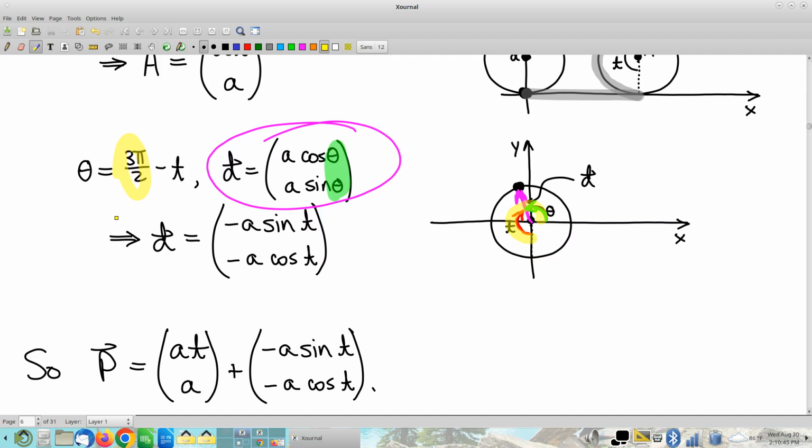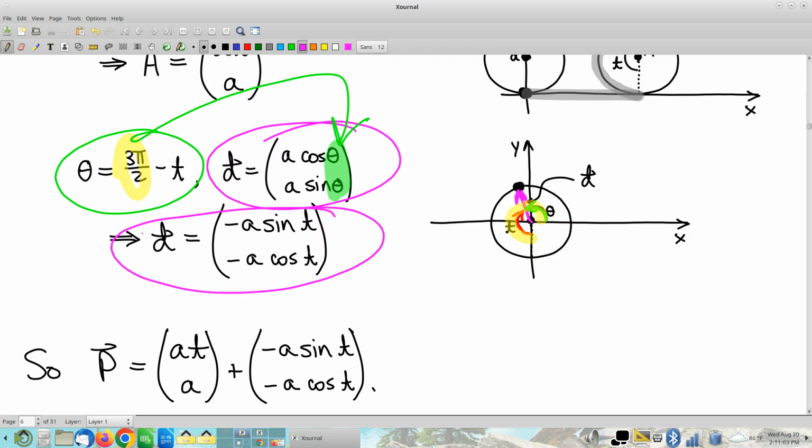Everybody buy it? So now I have a formula for theta, and I can plug that in for where theta is, and simplify the trig, and what comes out is that my purple vector, what I needed, is this formula right here, this function of t.